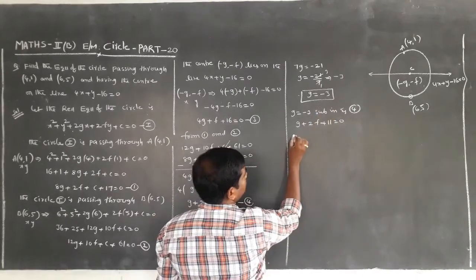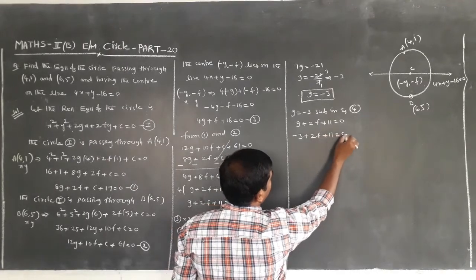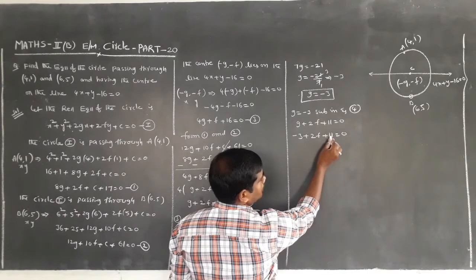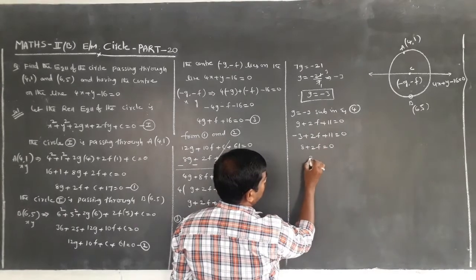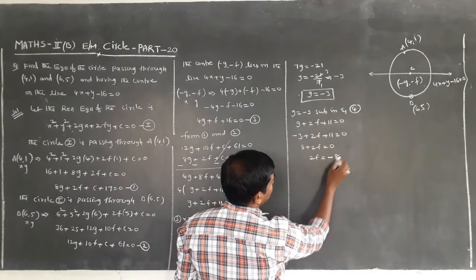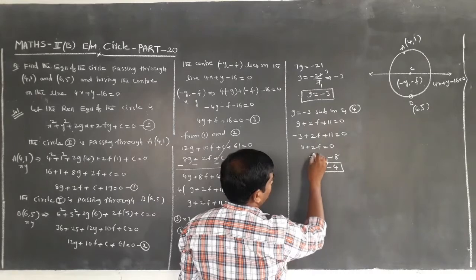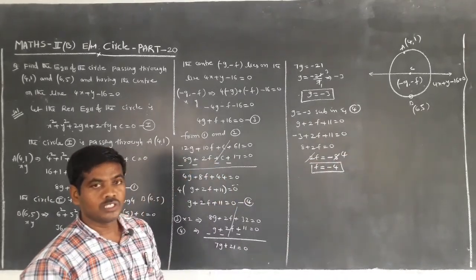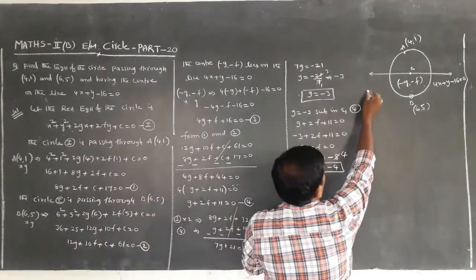Substituting minus 3 plus 2f plus 11 is equal to 0. Minus 3 plus 11 is 8, plus 2f is equal to 0. 2f is equal to minus 8, f is equal to minus 4. f is equal to minus 4.